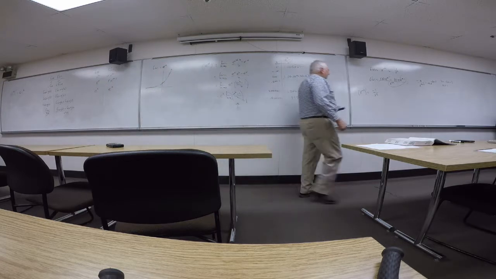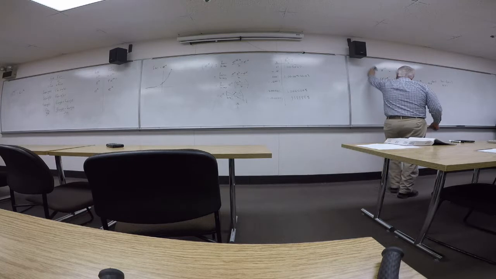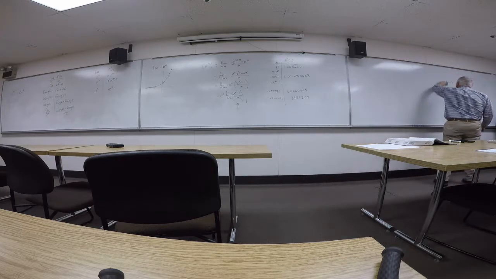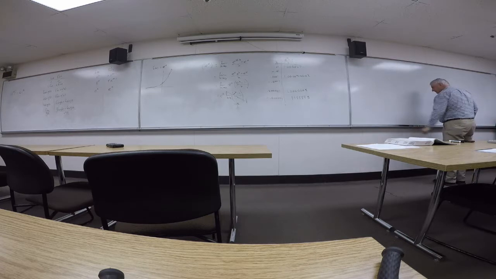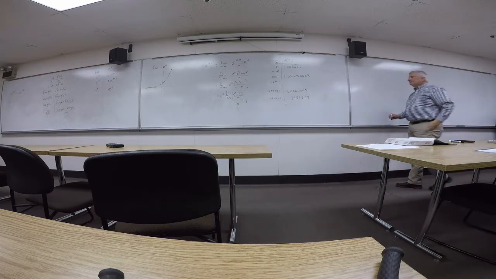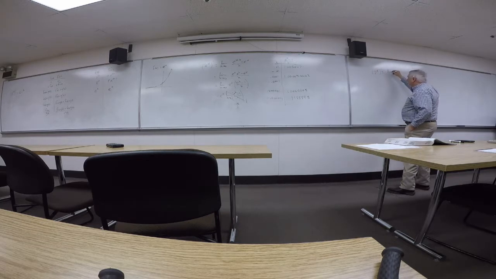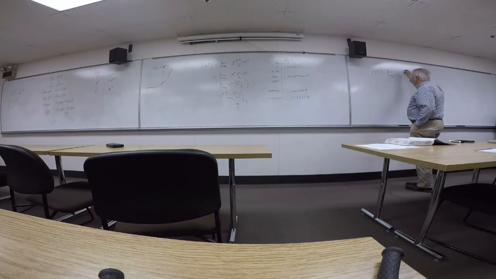Let's look at one just a little different. Let's look at 7 to the x. Derivative: limit as h approaches 0 of 7 to the x plus h minus 7 to the x, over h.